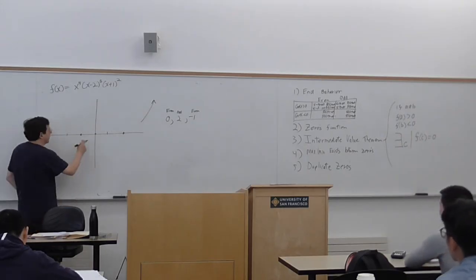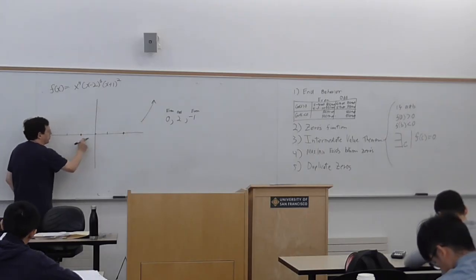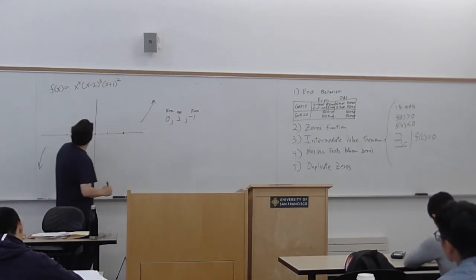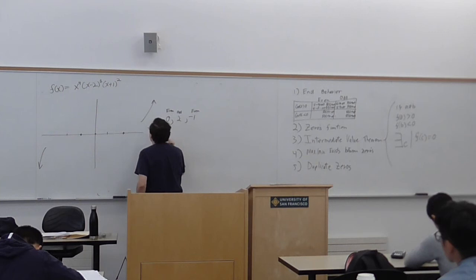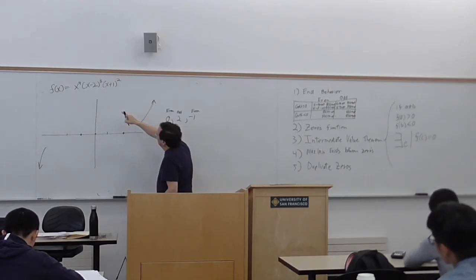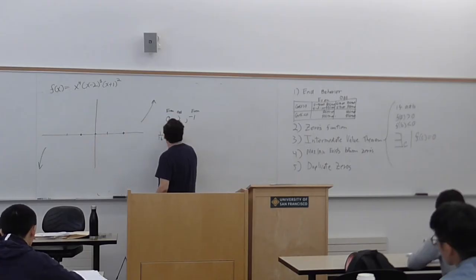All right, let's pick some number between 0 and minus 1 to see what the behavior is like here. So what would be a good number? Negative a half. Negative a half to the 4th is 1/16. Negative a half minus 2 is negative 5 halves. Negative 5 halves cubed is going to be negative 125 over 8.